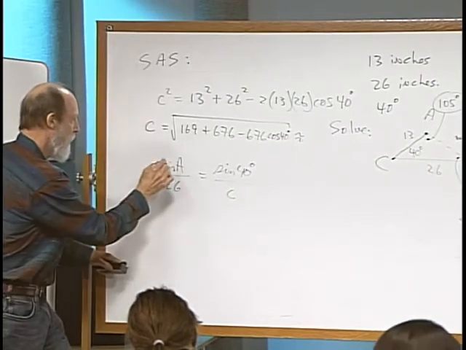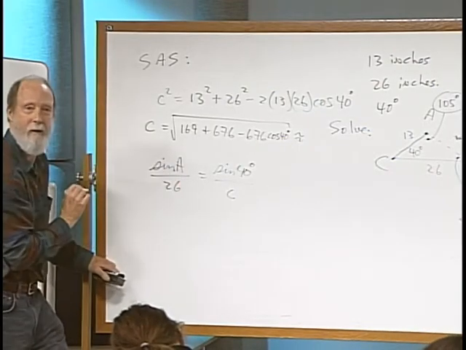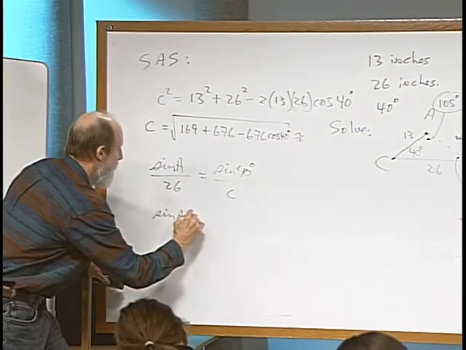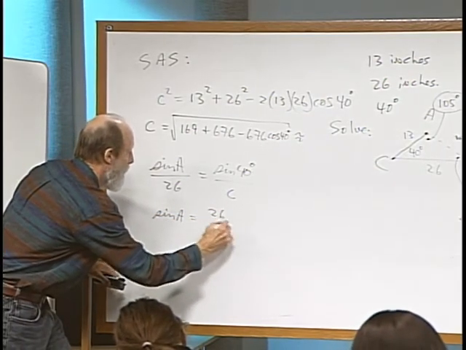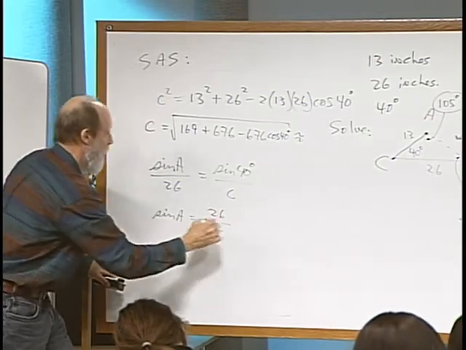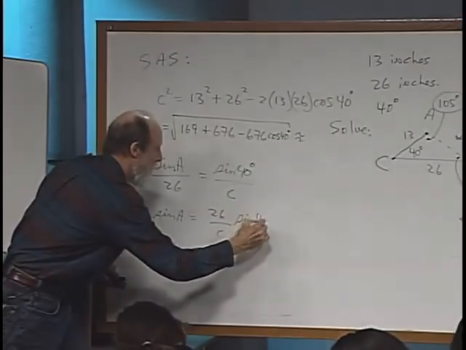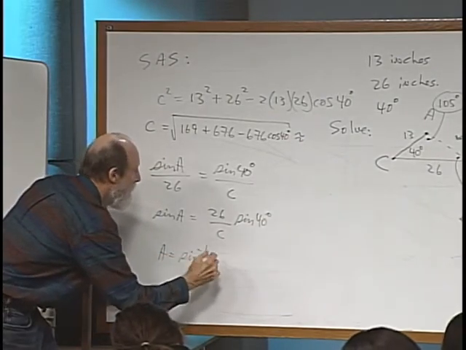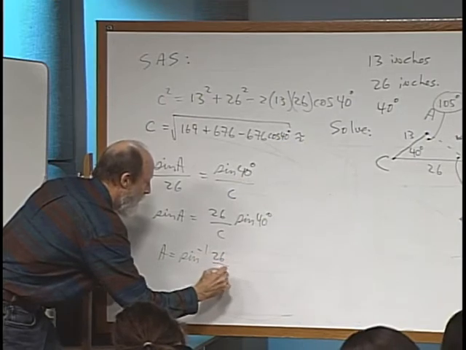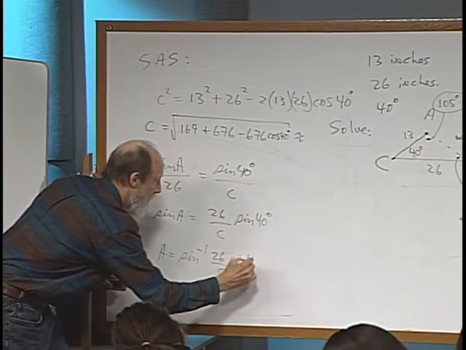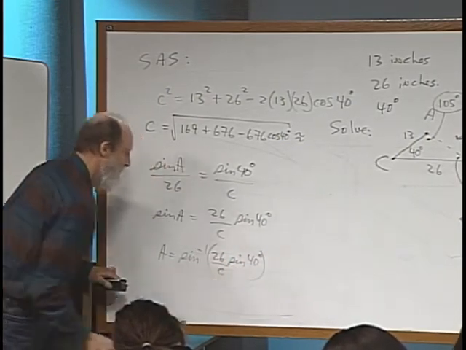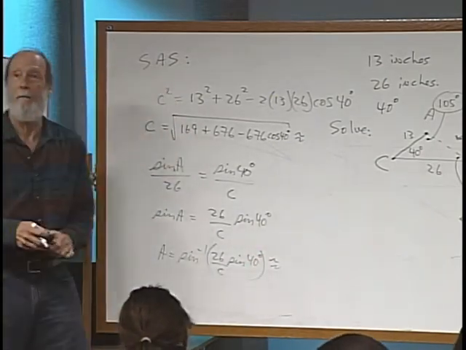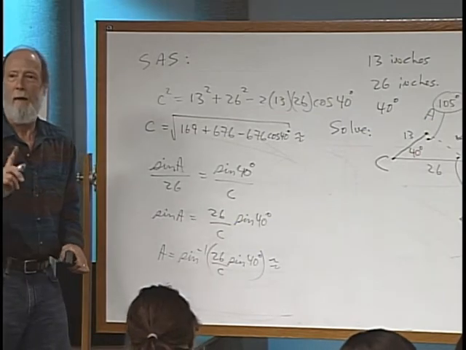Okay. So then the objective here is to solve for A, isn't it? So then the sine of A is going to be equal to the ratio of 26 over C, times that sine of 40 degrees. And so angle A is going to be the inverse sine of that ratio, 26 over the C value, times sine of 40 degrees. And that will give us a value for angle A. We'll be done here in about 1 minute.